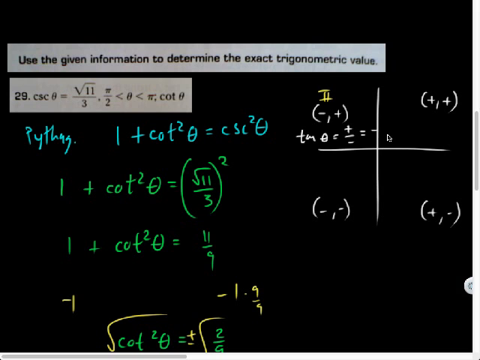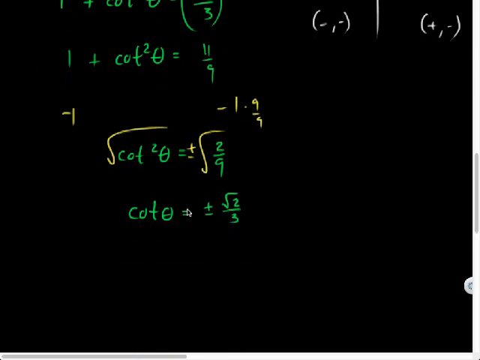Now, if I reciprocate a negative number, does it change its sign? No. So anywhere tangent is negative, cotangent is negative. Similarly, anywhere sine is negative, cosecant is negative. Its reciprocal will be negative. And anywhere cosine is negative, then secant will be negative. So I expect that I'm actually only interested in the negative version here.